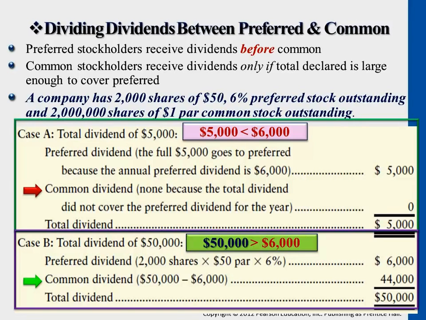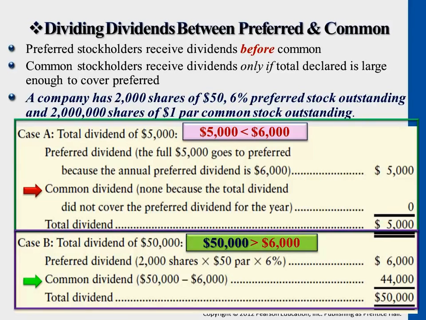These are two independent cases. In case dividends are even less than what preferred shareholders are supposed to get, all of it goes into preferred shareholders' hands, and the missing $1,000 between $5,000 and $6,000 will carry on to the following year. So next year, preferred shareholders are entitled to get $7,000 instead.